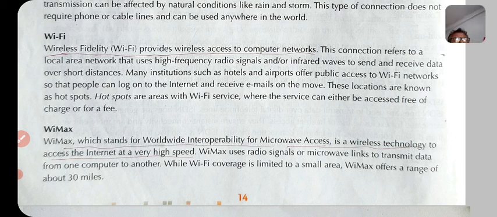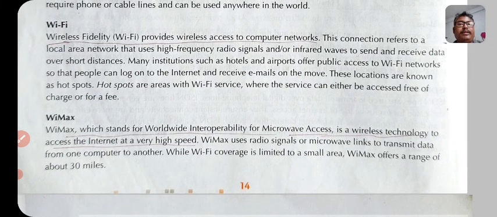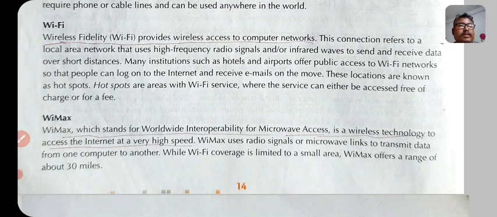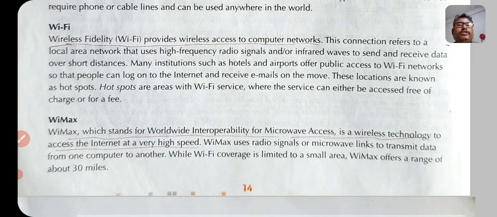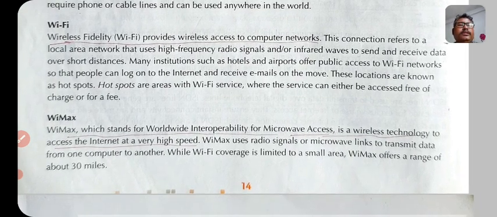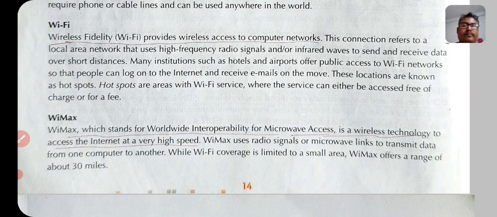Many hotels, institutions, and companies provide Wi-Fi networks so that people can use them, which is popularly known as a hotspot. Hotspots are areas with Wi-Fi services given free of cost. Also, in some areas you need to pay.